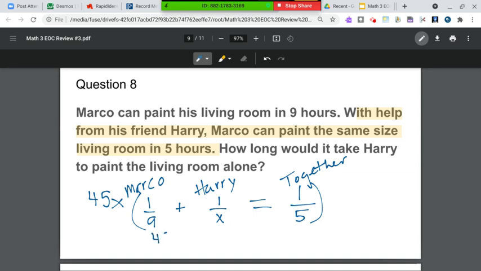So we have 45x over 9 plus 45x over x equals 45x over 5. We simplify. 45x divided by 9 is 5x. 45x over x is 45. 45x over 5 is 9x.